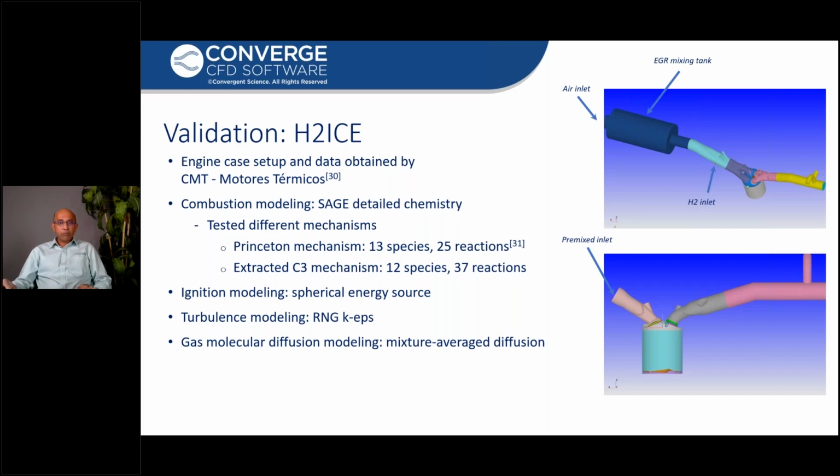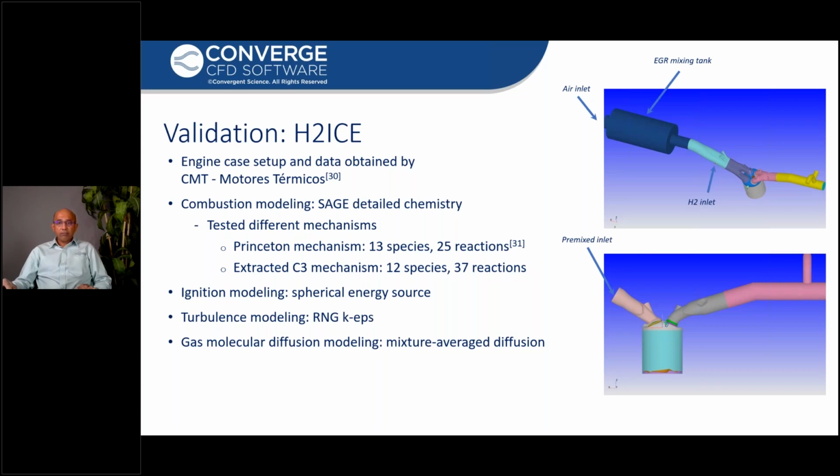The port fuel injection simulations were run next. Simulations were run for 5 operating points, which spanned different load points and equivalence ratio cases. The detailed chemistry solver was used to model hydrogen combustion, and we tested 2 available mechanisms, as can be seen on the screen.